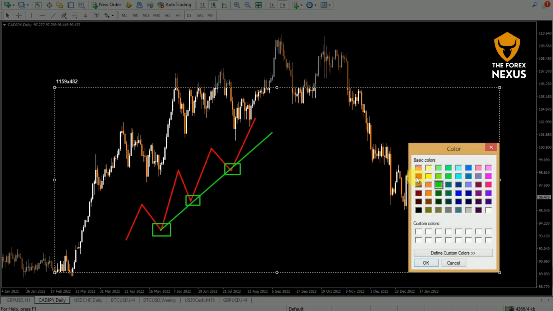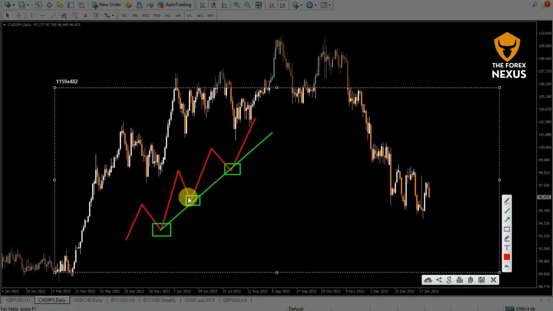but the condition is that the market must touch 3 zones minimum, or 2 zones minimum. First, second, and this will be the third one.